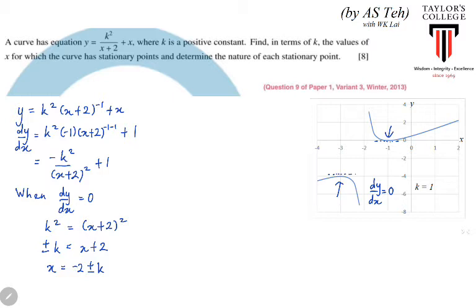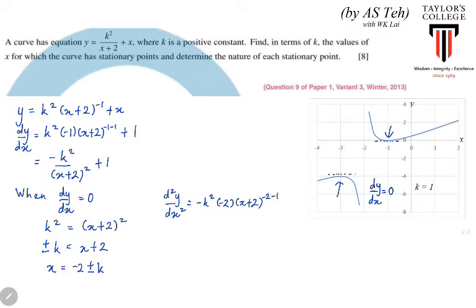Okay, so let's look at the nature of the turning points. In order to attain this, we need to get the second order differential. So d2y per dx squared will be equal to negative k squared times the differentiation of (x plus 2) to the power of negative 1, which will give me negative 2, (x plus 2) to the power of negative 2 minus 1.